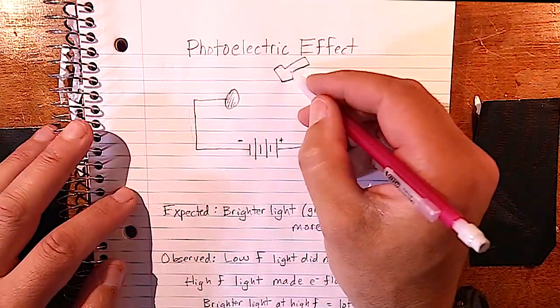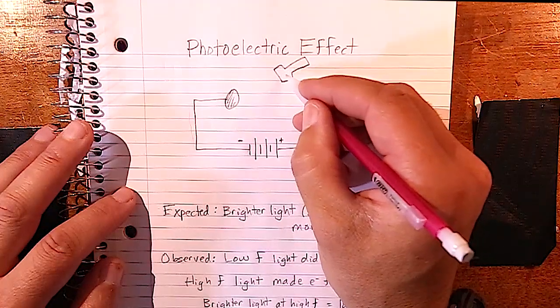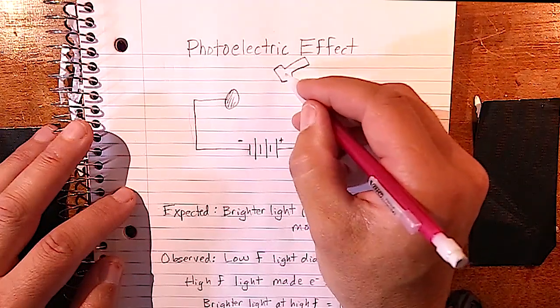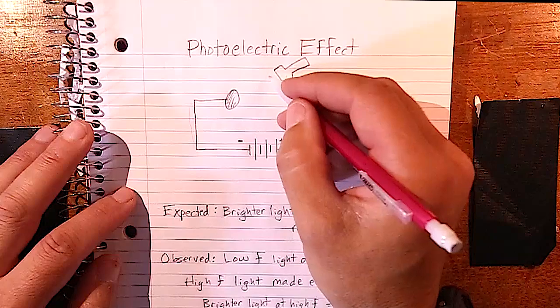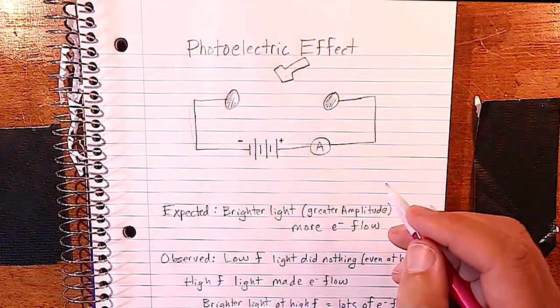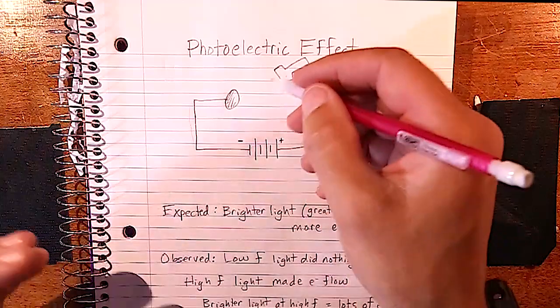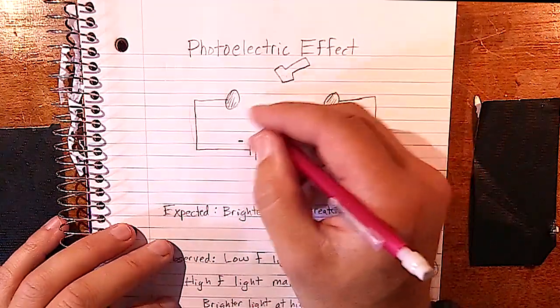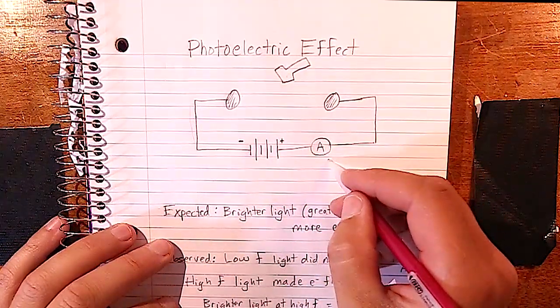But what they tried doing was first shining low frequency light onto this metal plate. Let's say they first tried red. So they put red on there and nothing happens.